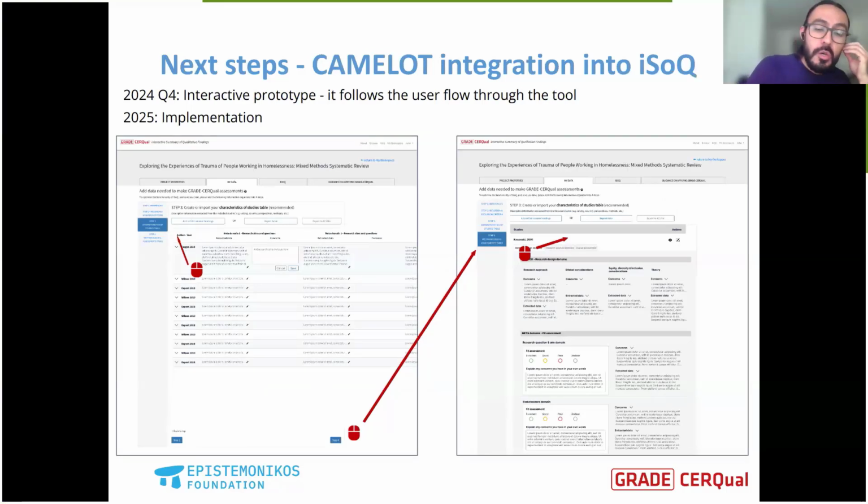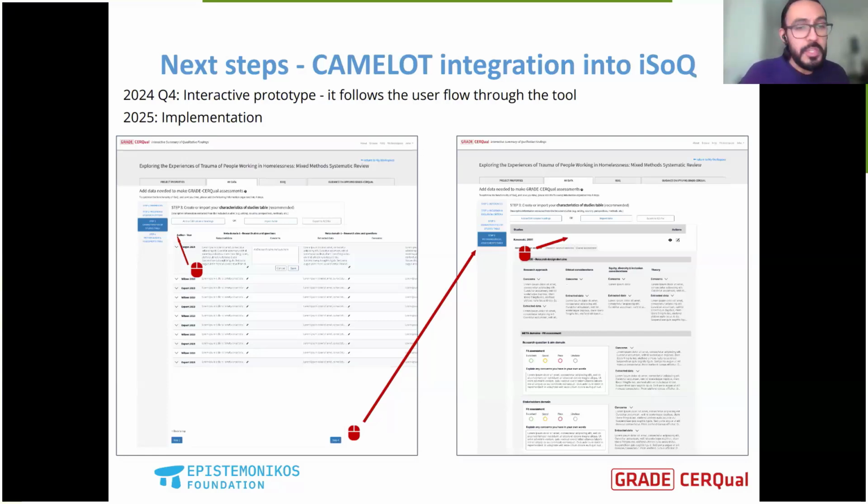Okay, so at this stage of the year, we are already developing the interactive prototype. This is a set of mockups, we hope very, very close to the final product in terms of aesthetics and behavior. And what we want to explore is how the user flows through the tool by clicking on the actions that we provide.